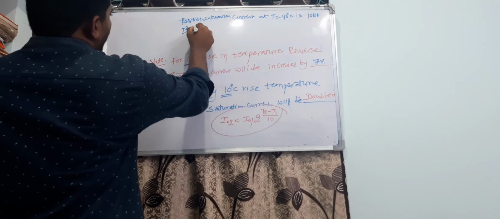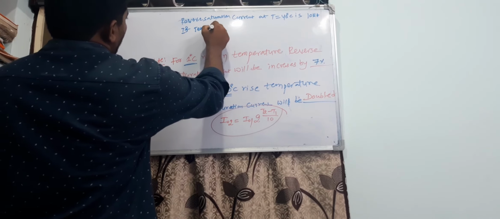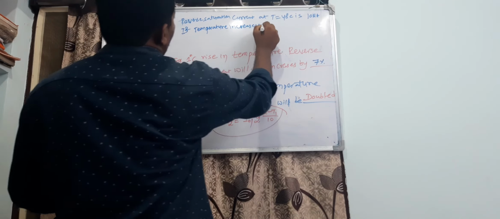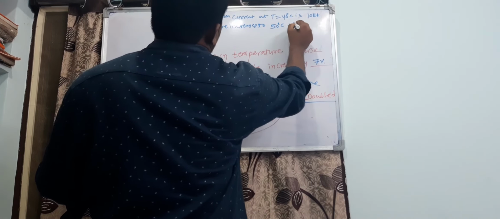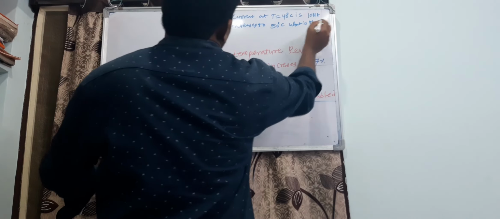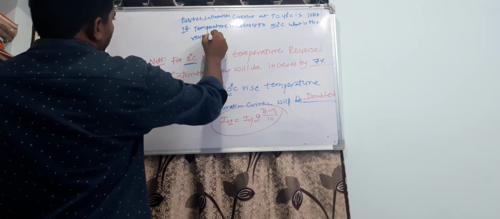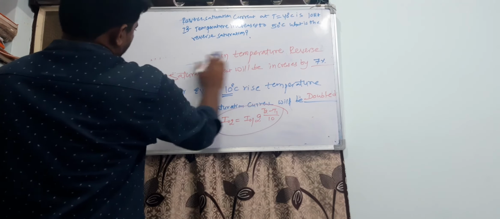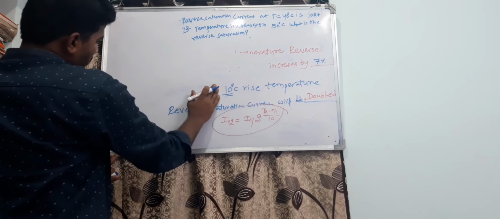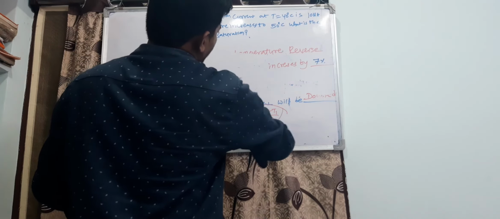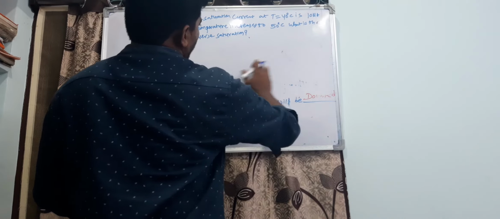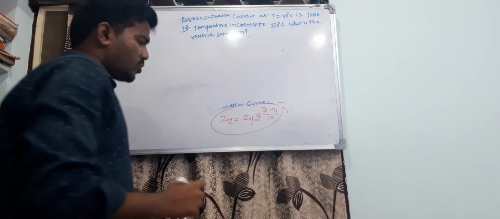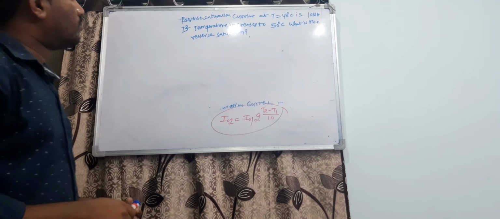If the temperature increases to 50 degrees centigrade, what is the reverse saturation current? So T is equal to 40 degrees centigrade, this value will be 10 microamps, which means at T is equal to 50 degrees centigrade, what is this value?